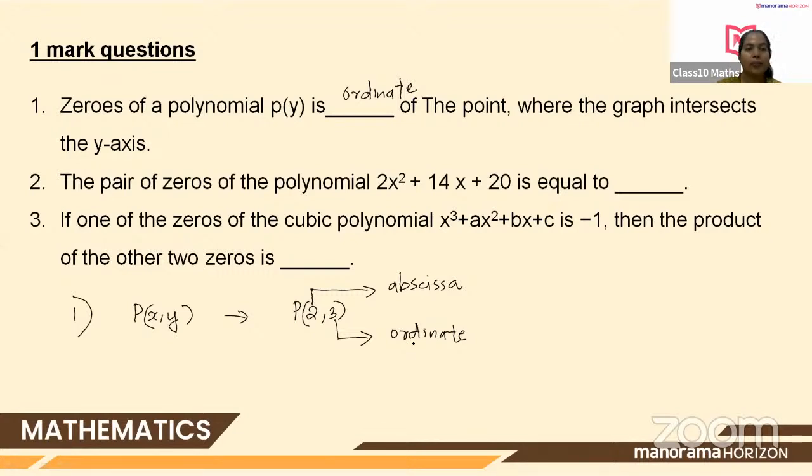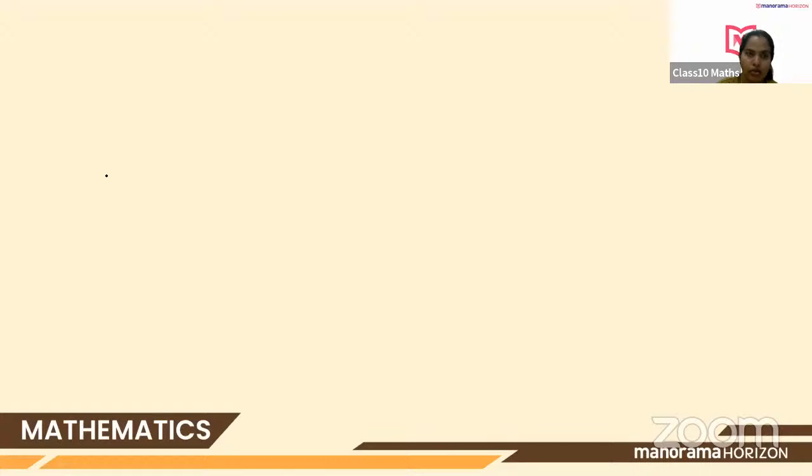Next is the pair of zeros of the polynomial 2x square plus 14x plus 20. In this question, you just find the zeros of this quadratic polynomial, 2x square plus 14x plus 20. So the second question, we have to find the zeros of the polynomial.